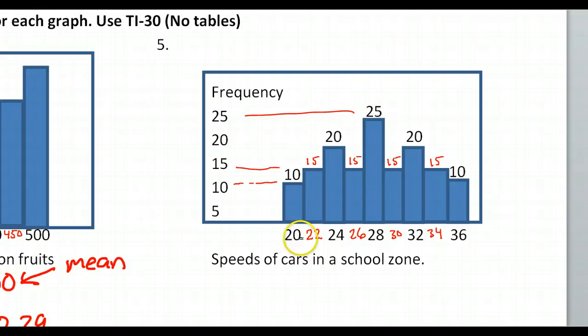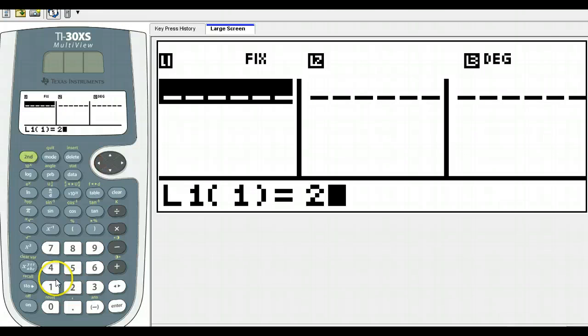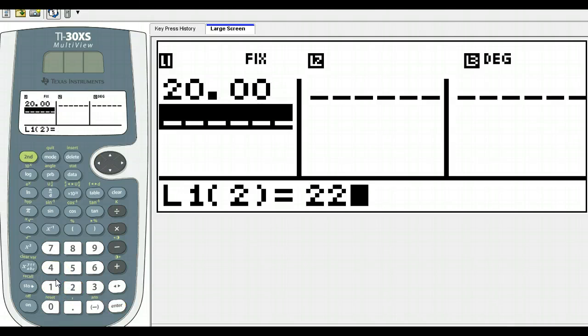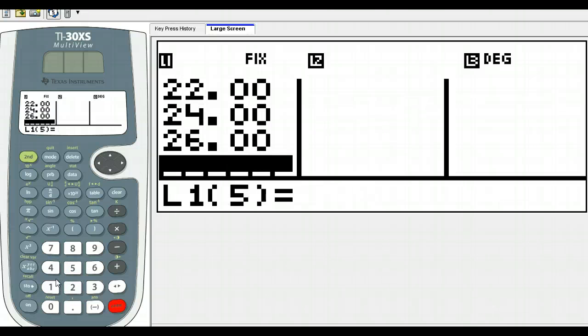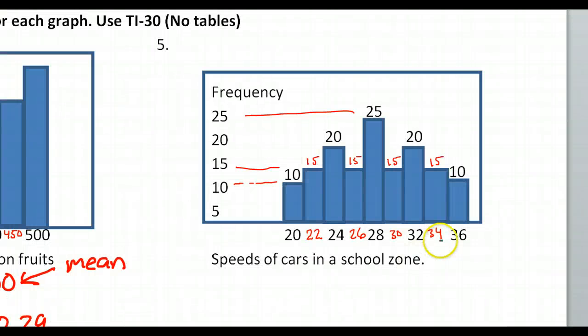So I'm going to do 20 to 36 by 2s. So it's 20, 22, 24, 26, 28, 30, 32, 34, 36. Alright, is that it? Yeah. Now I'm going to put the frequencies of each one of these. So there's 10 of these, 15 of those, 20 of those. So it goes 10, 15, 20.